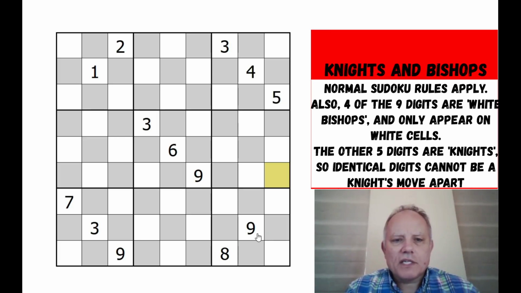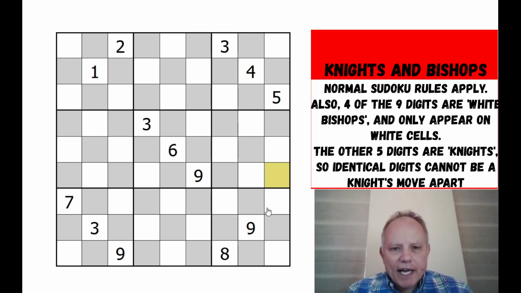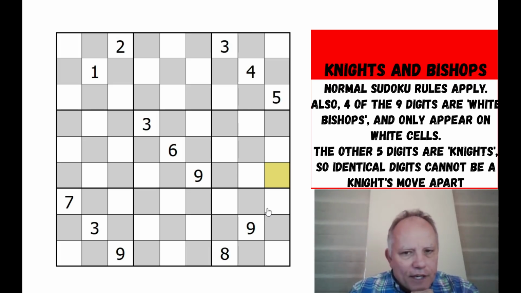So the other 5 cells are occupied by interloping knights, and they must already be placed on the board, because at least 1 number in a white cell, 1 of each digit, appears in a white cell. So we are looking at the 5 interloping knights already.